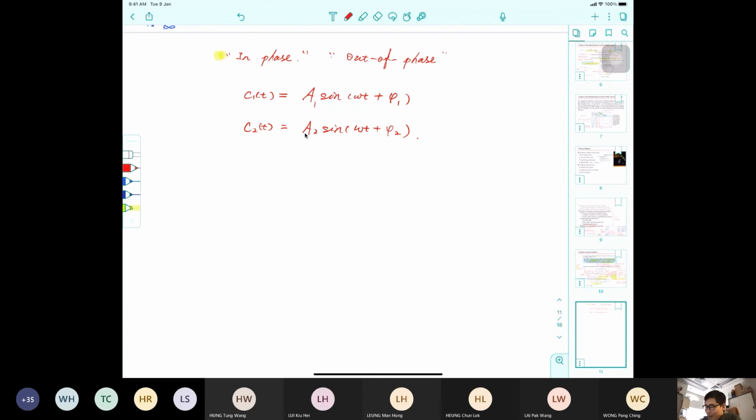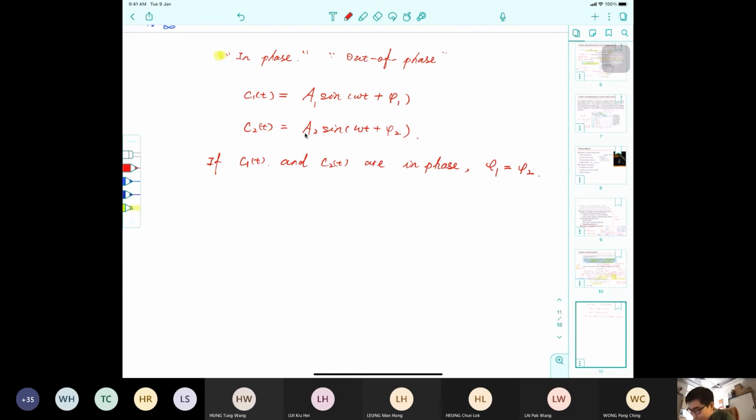Okay, if c1(t) and c2(t) are in phase, that means phi 1 equals phi 2. Understand? What will happen? They will move together, right? In phase.